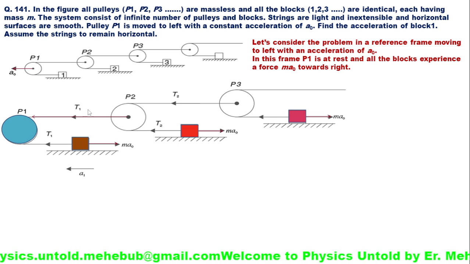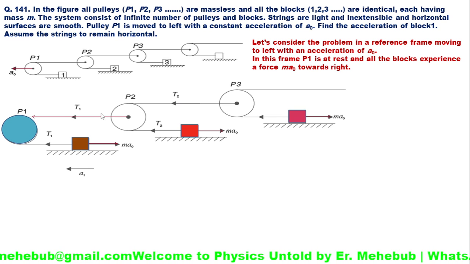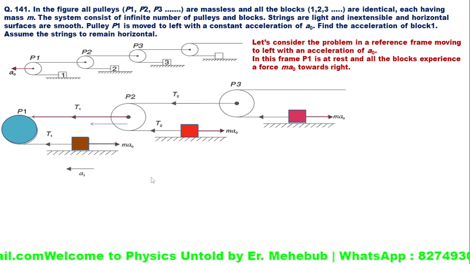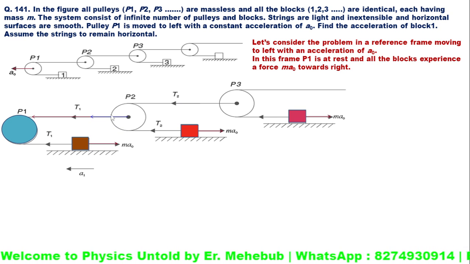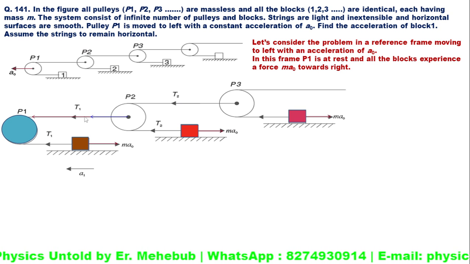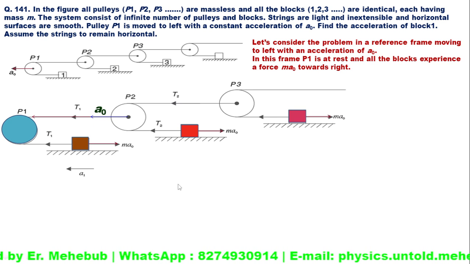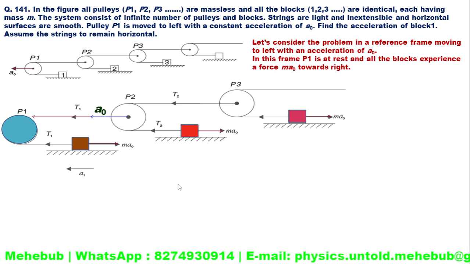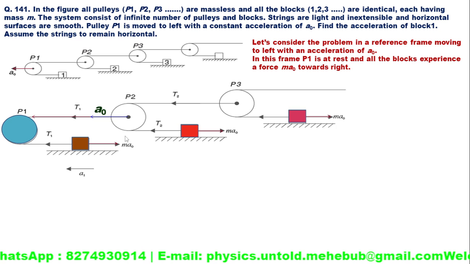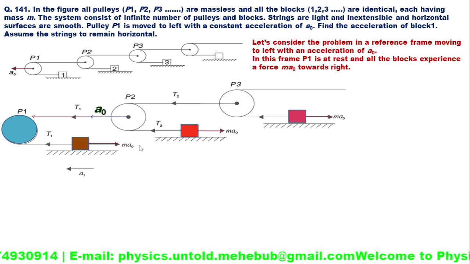So this is our tension T1, which is the tension between the pulley P1 and pulley P2, and this blue colored line is indicating the tension. Let us consider the pulley P2 is moving with an acceleration a0 in the leftward direction.